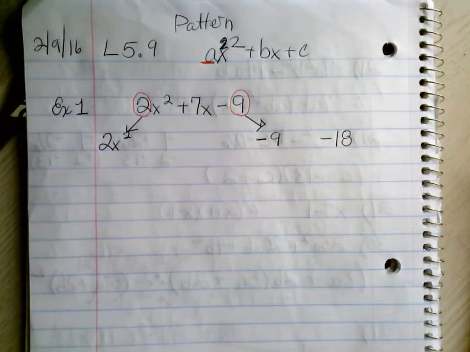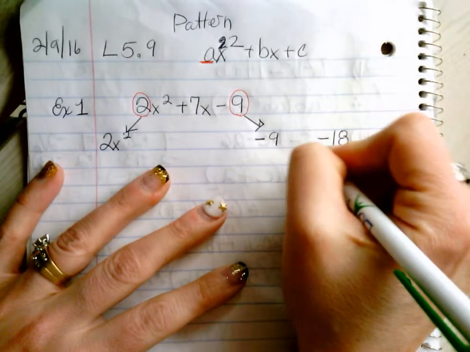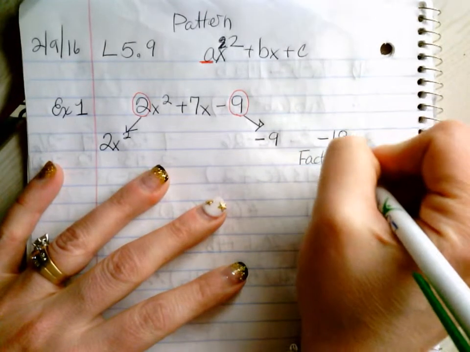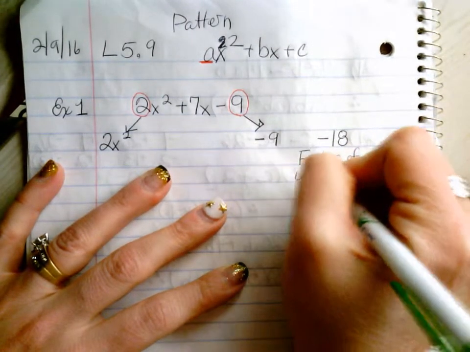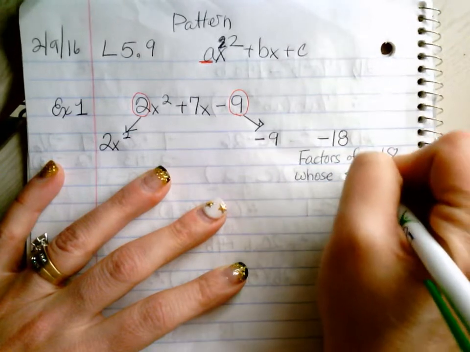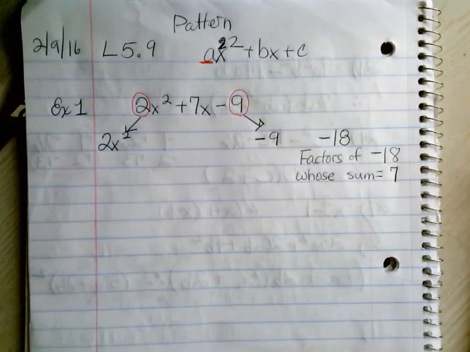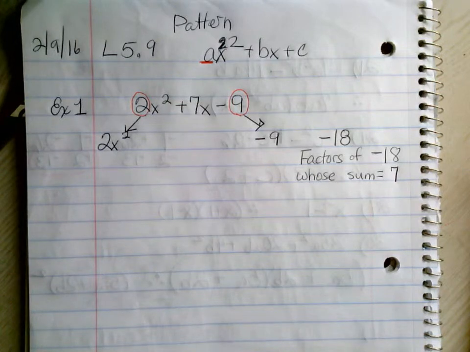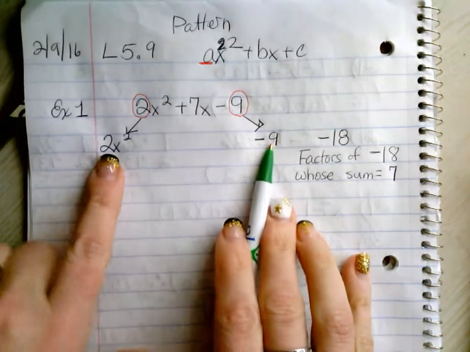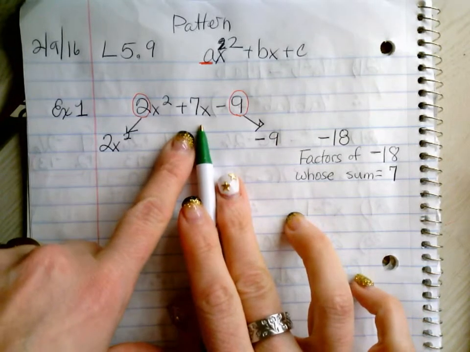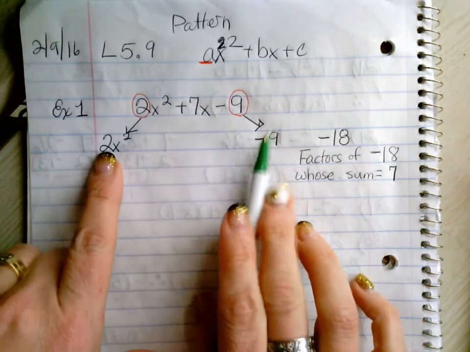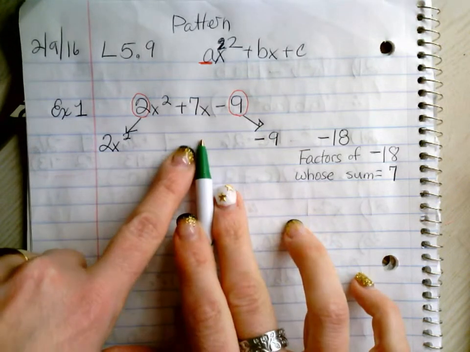Okay, the question you're going to ask yourself is: factors of negative 18 whose sum is the middle. This is very similar to what we just did. Factors of the product of A and C whose sum is B.